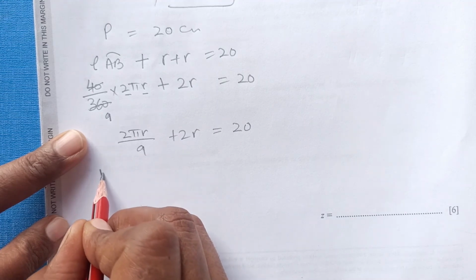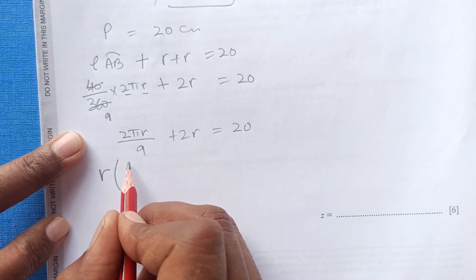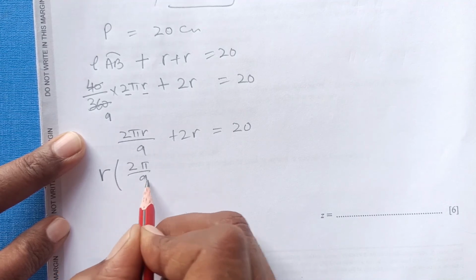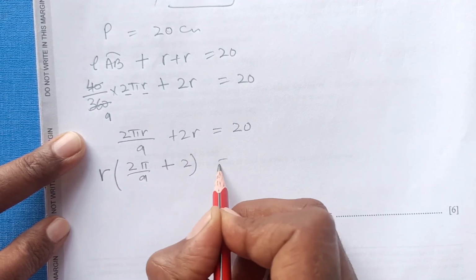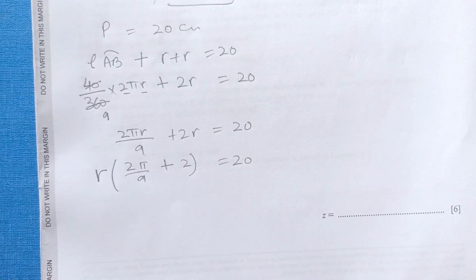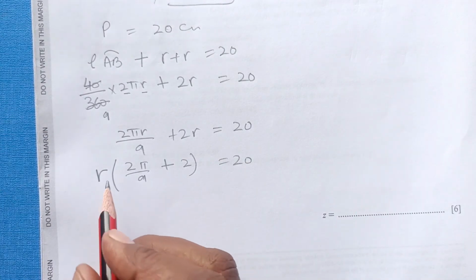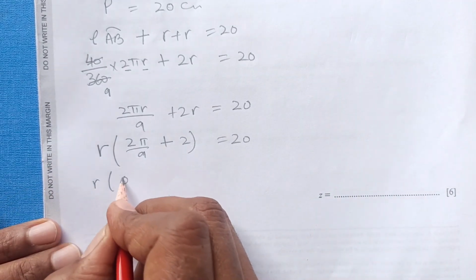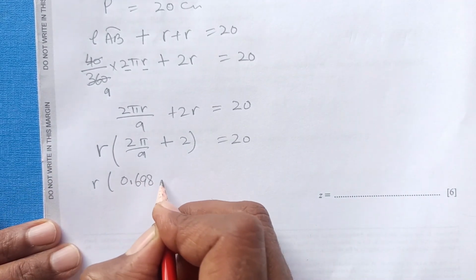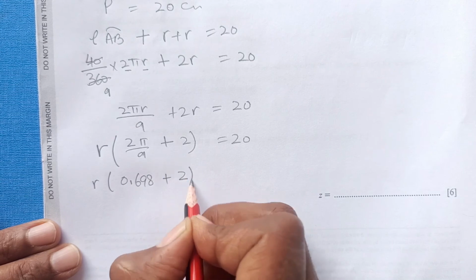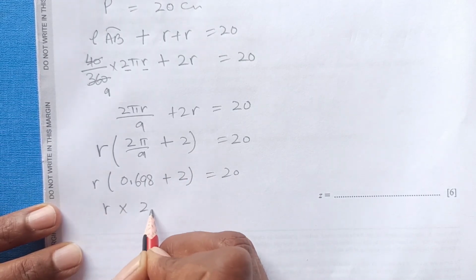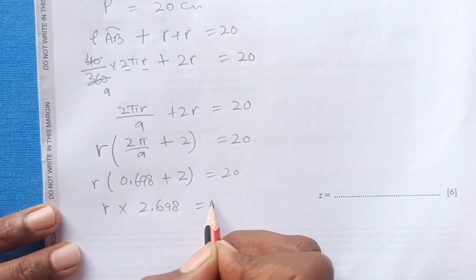So we are left with r times 2 pi over 9 plus 2 equals 20. When you calculate 2 pi over 9 on your calculator, it's 0.698, plus 2. So r times 2.698 equals 20.